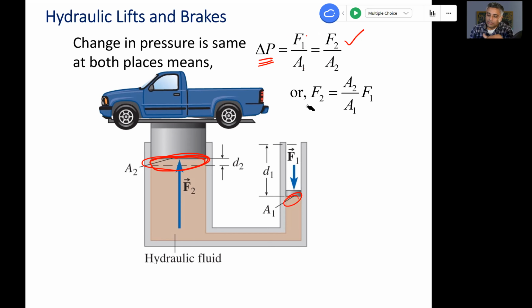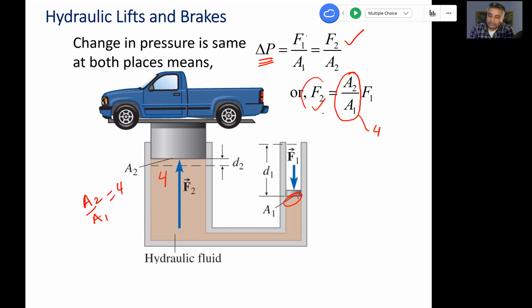Okay. So the force we get here, this lift force, for example, is related to the fraction of the area. So for example, if A2 over A1 is 4, it means the area A2 is 4 times larger than area A1.